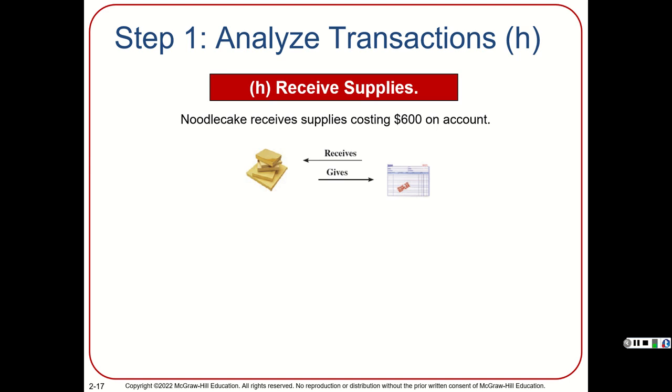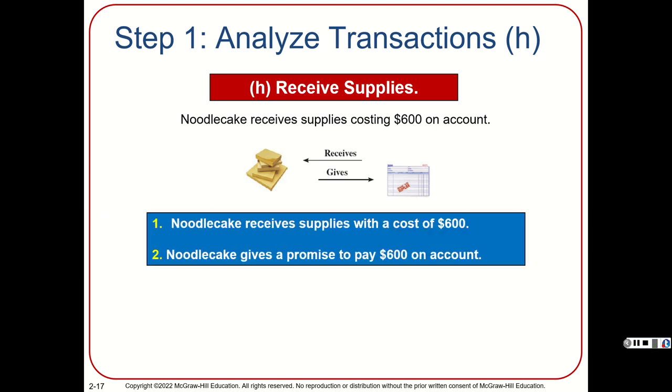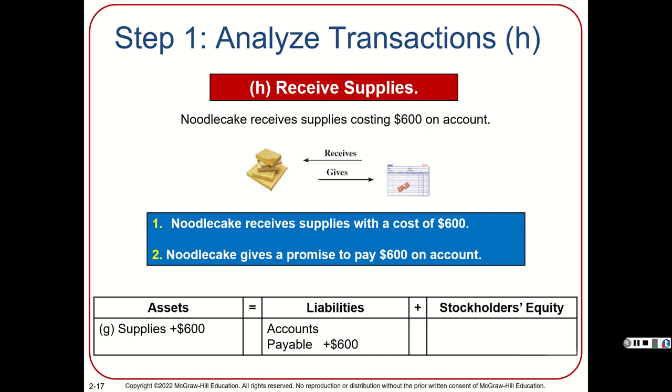So again, this amount of office supplies, $600, is going on an account, like an account payable, and then the value of the supplies, which the company is receiving, is $600. And this is familiar from our other transactions. Assets are increasing and your account payable is increasing as well.